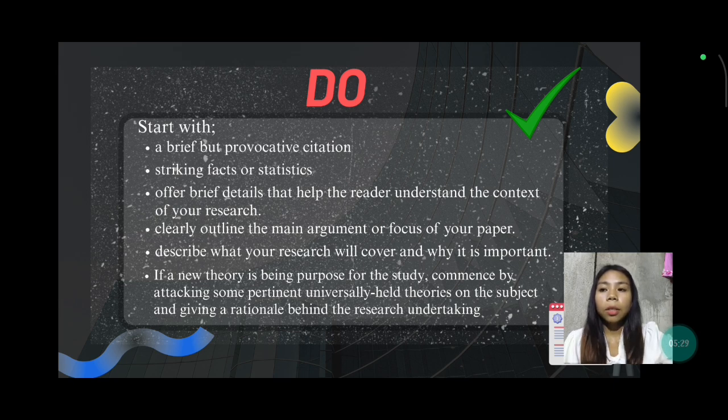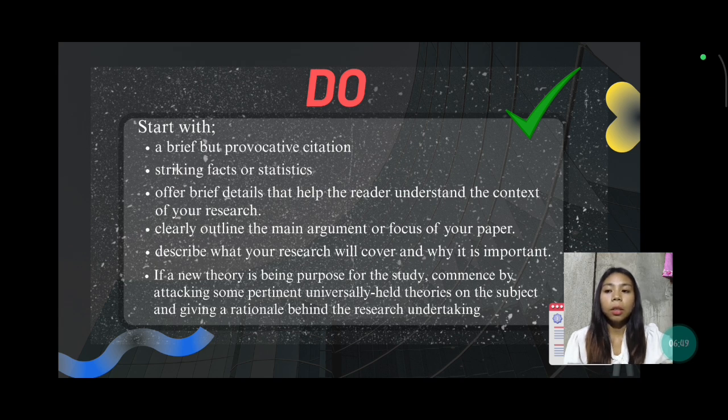So next are striking facts or statistics, and offer brief details that help the reader understand the context of your research. It also contains a stand or argument to bridge the gap in theories that might be contradicting or that you think are lacking.